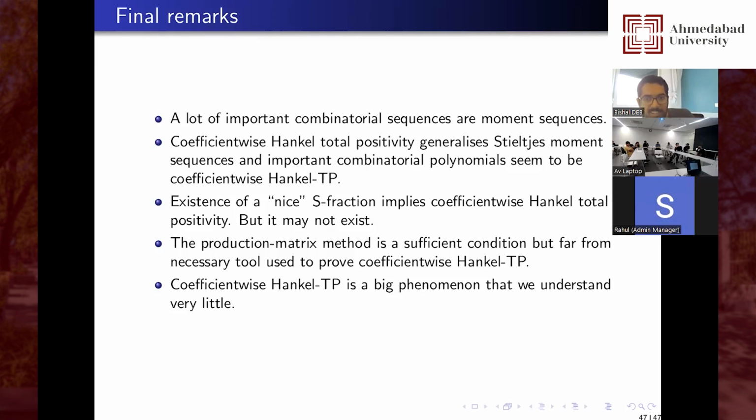So let me just tell you one fun fact. Total positivity is a language to state things. If you make a statement using total positivity, the theory can be very different depending on what sort of minors you're considering, what is the shape of your matrix. The theory can be entirely different.